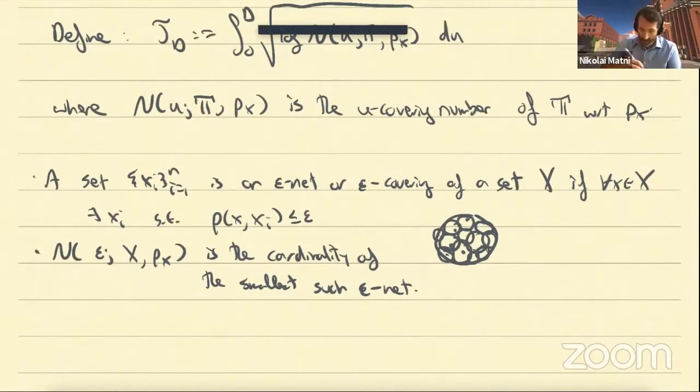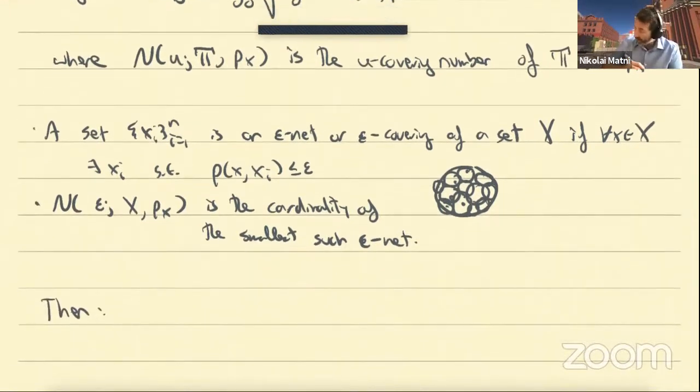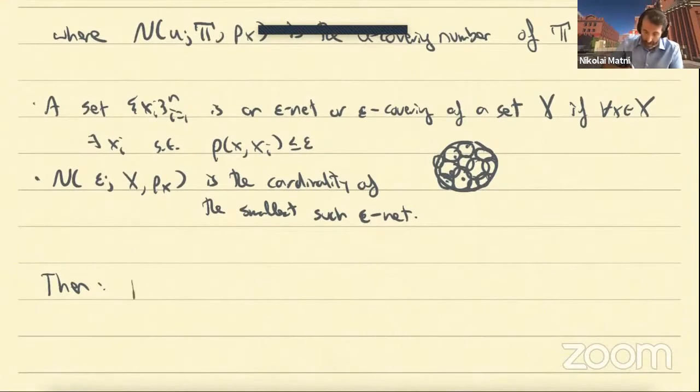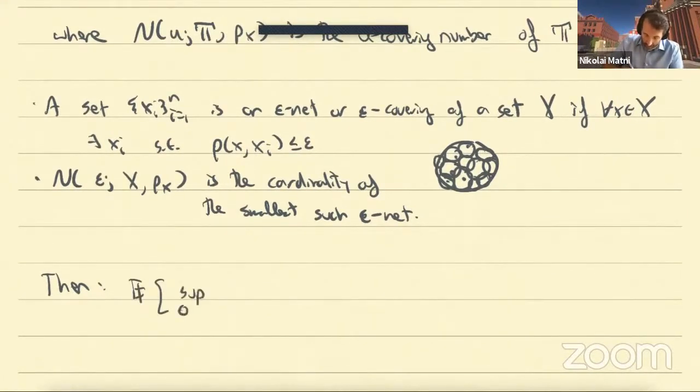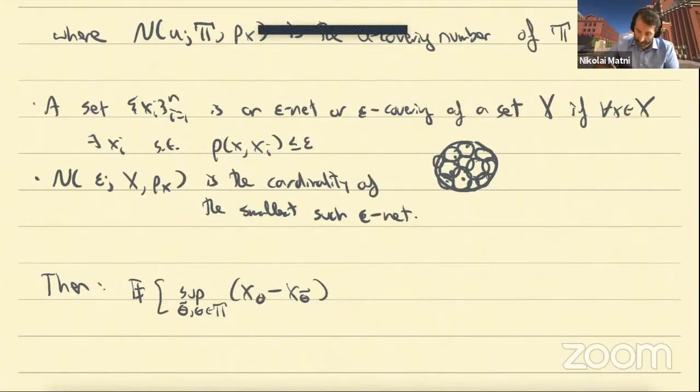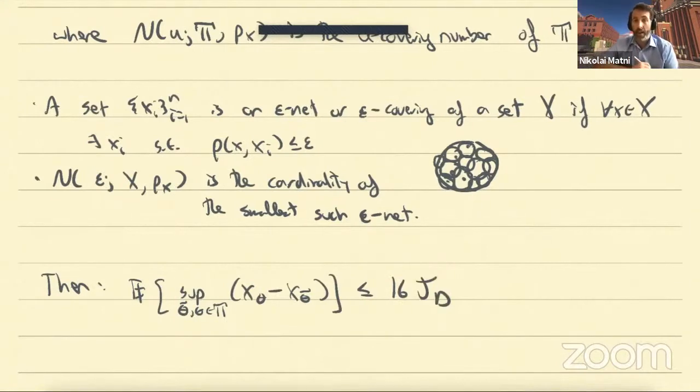And so here's the main result. It says that if all of these things happen, then I can bound the expected value of a supremum over theta tilde and theta in my index set, the deviation between X theta and X theta tilde. So the largest possible deviation, its expected value, is less than or equal to 16 times this integral.